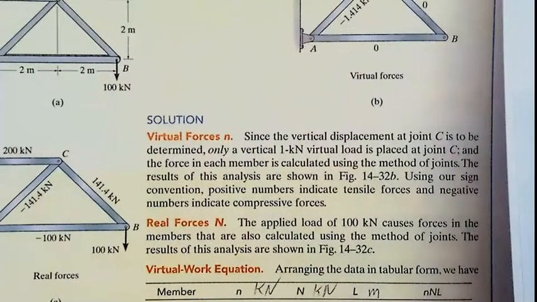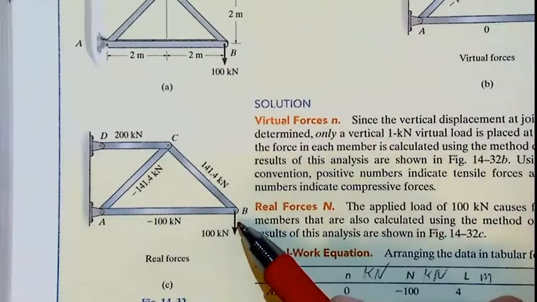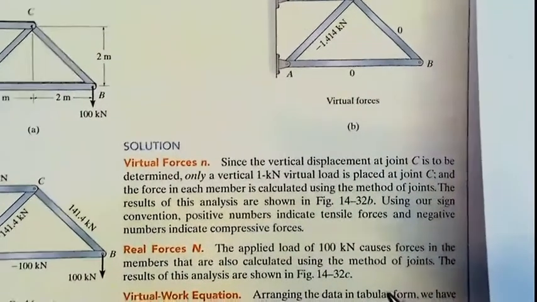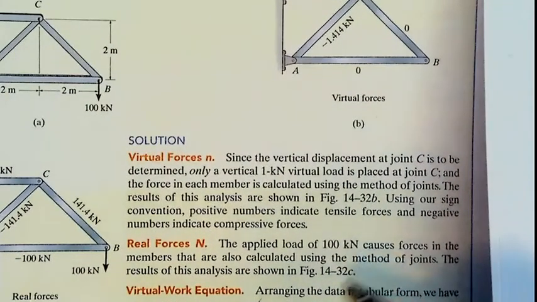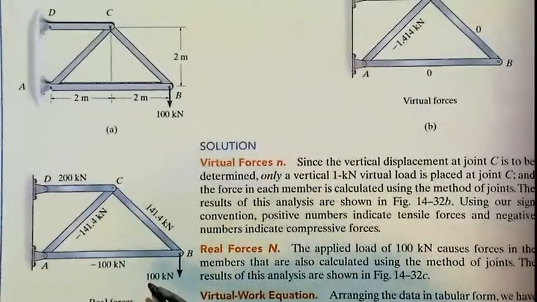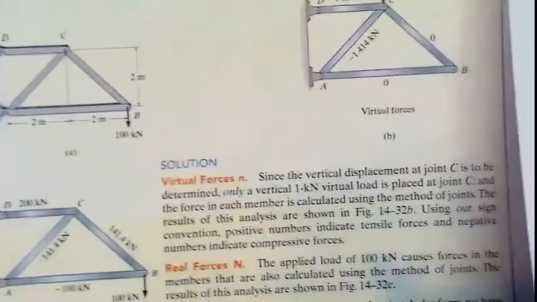We did it, you did it in statics. Then we use the real force, that is 100 kilonewtons, and we calculate the inner forces in every member due to this load.